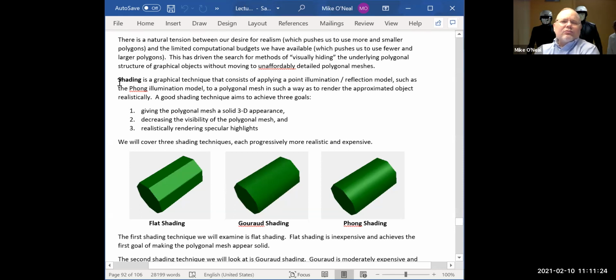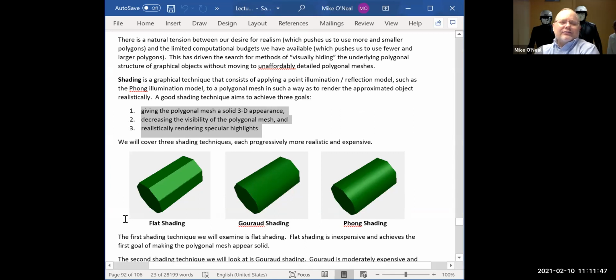Anyway, so shading has 3 goals. The first goal is to give a polygonal mesh a solid 3D appearance. The second goal is to decrease the visibility of the polygonal mesh. And the third goal is to realistically render specular highlights.